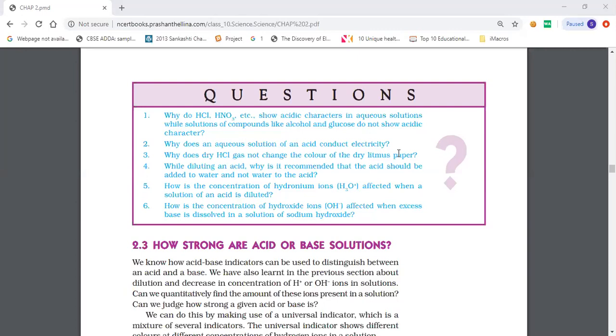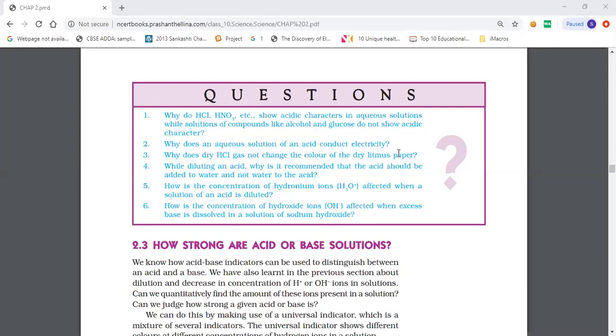Okay. Charan, why does an aqueous solution of an acid conduct electricity? Ma'am, because they get free H plus ions. Only free H plus ions are responsible for conduction of current? No, ma'am. Even any free ion.